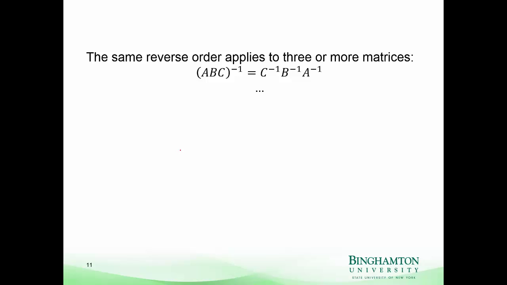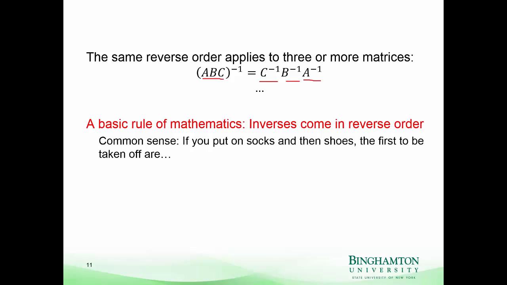And if we have three or more matrices in a row, so we've got A times B times C, all of them square matrices, all of them individually invertible, the inverse is in the opposite direction: C inverse, B inverse, A inverse, and we can do 4, 5, it doesn't matter how many we do.